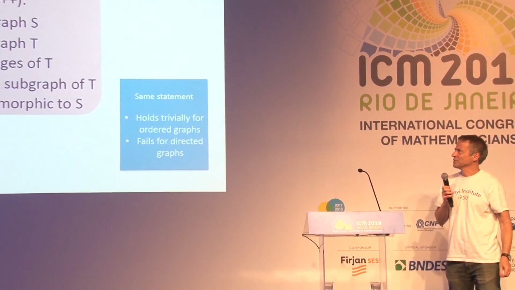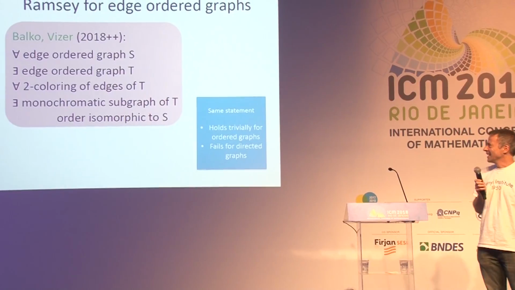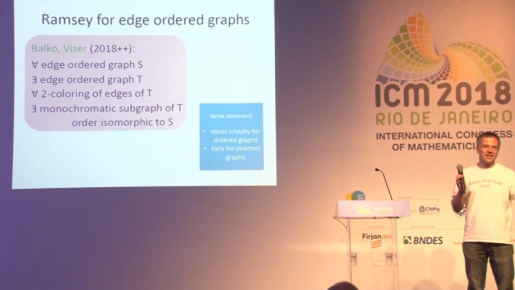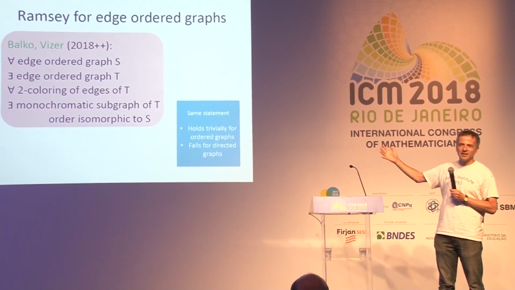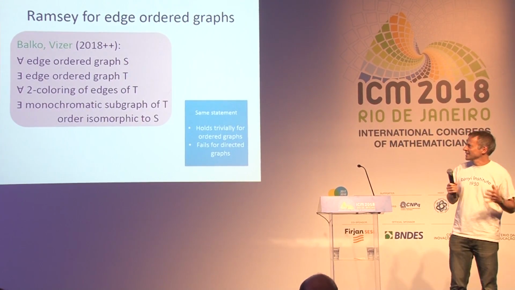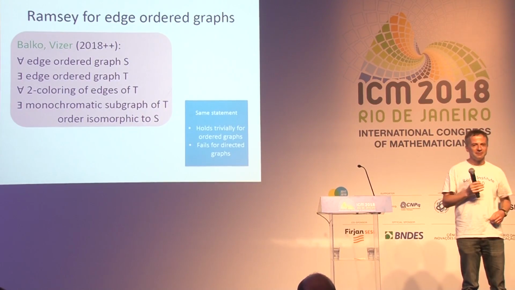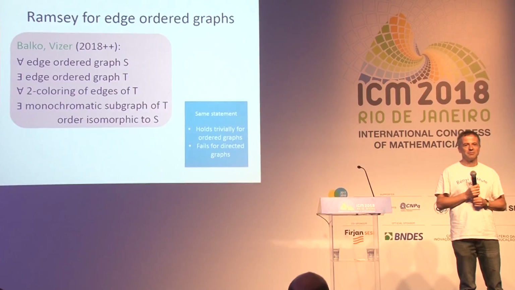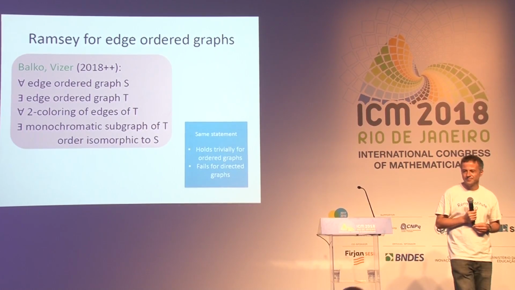I was told this is not a published result, and I don't know anything about it. I thought about it, and I could verify that it's an interesting result by not being able to prove it myself, but I don't know anything about their proof.